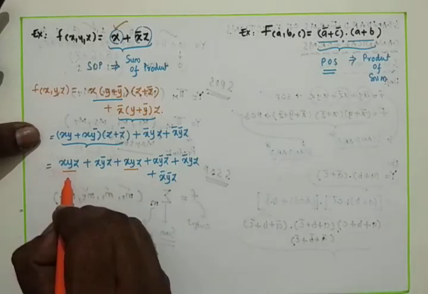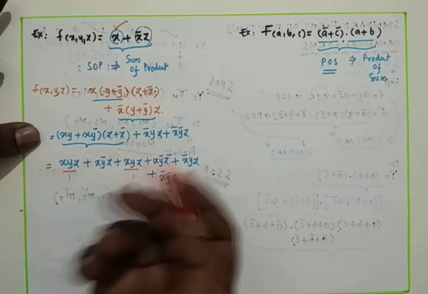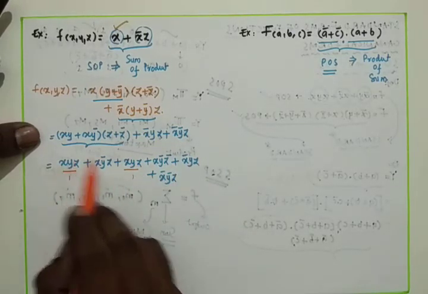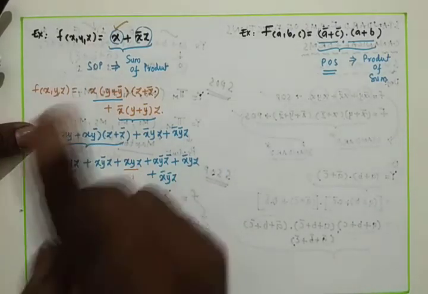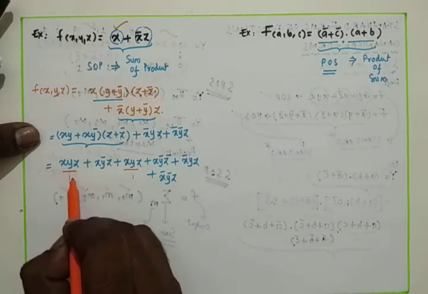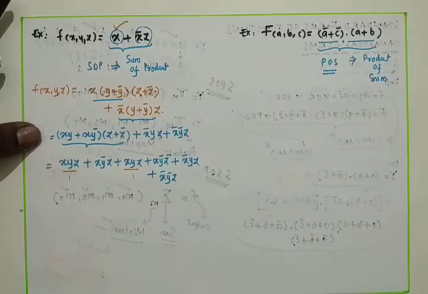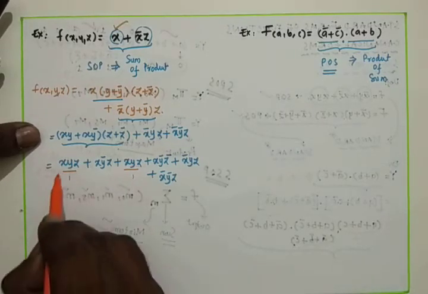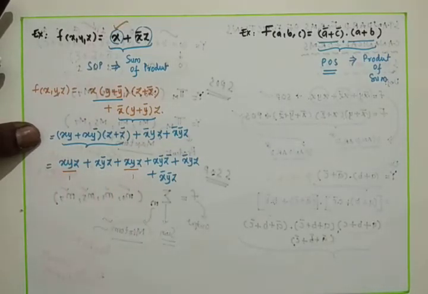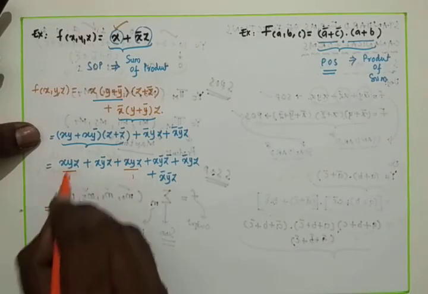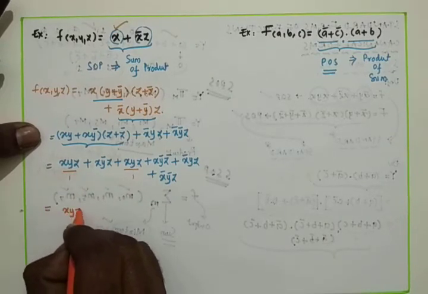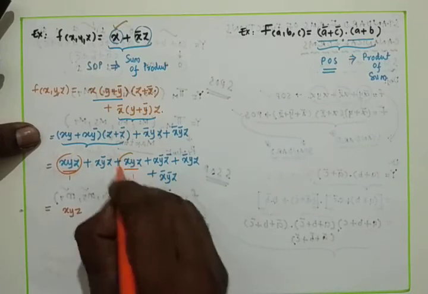For example, if the xyz value is 1 and here also 1, 1 plus 1 is 1 only, so there is no need to use it twice. We can use it only one time. If this xyz is 0 and this is also 0, 0 plus 0 is 0 only, so again we are getting only xyz. So instead of writing xyz twice, we can write it only once. That is xyz.